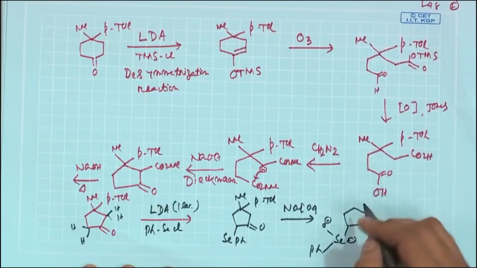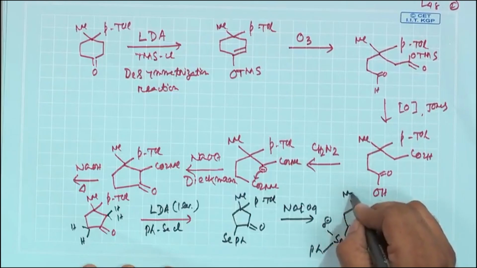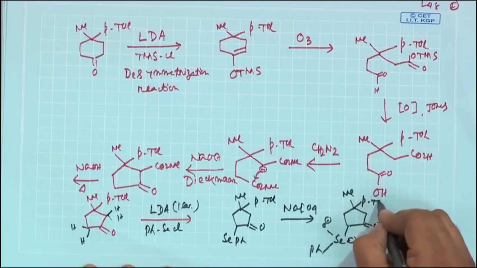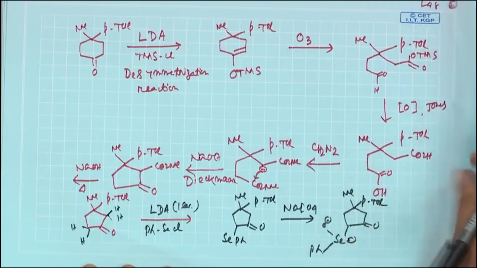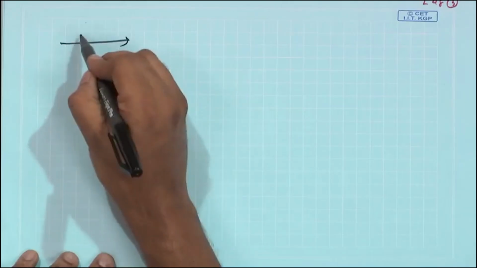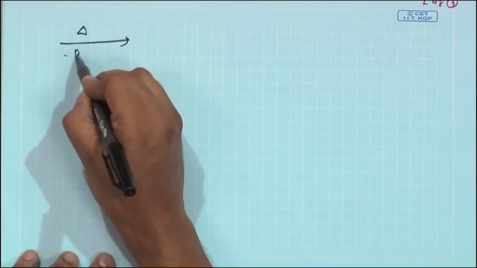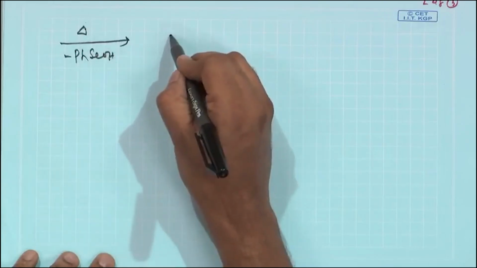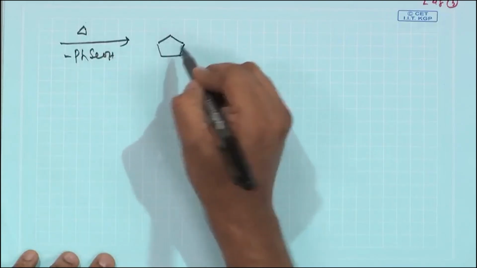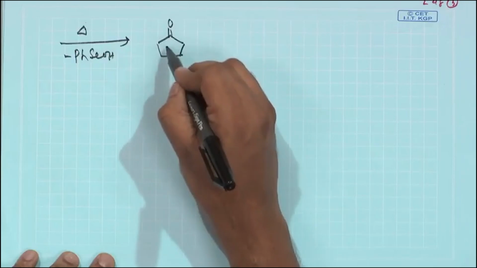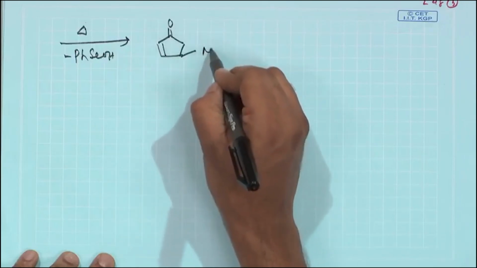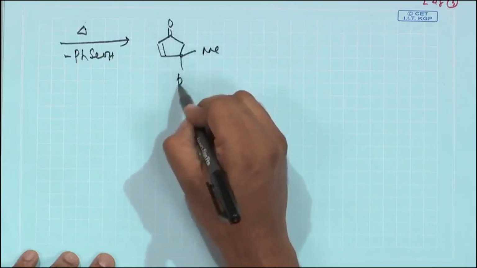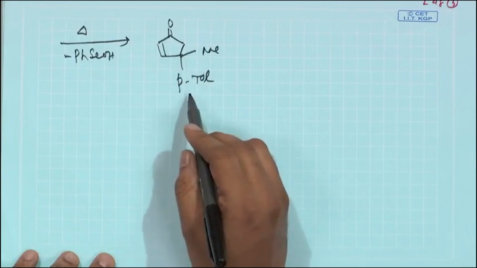Now, selenoxide elimination, as we discussed earlier, will be now taking place, and by heating you will get a phenyl selenic acid, and then you basically get this alpha beta unsaturated ketone as the product.